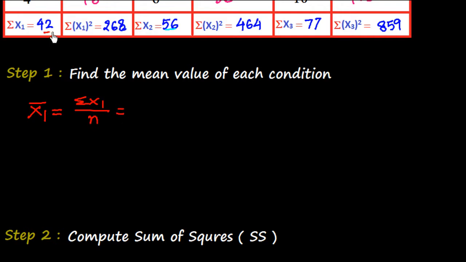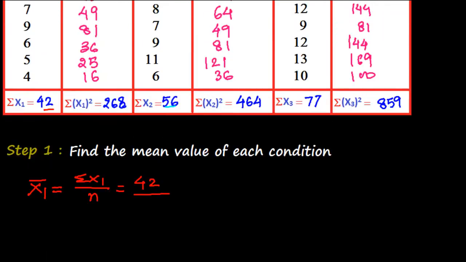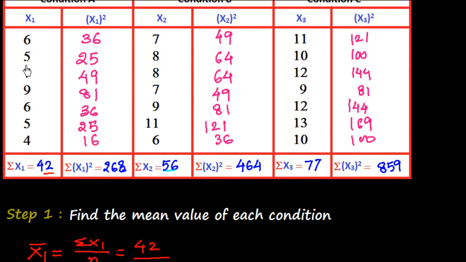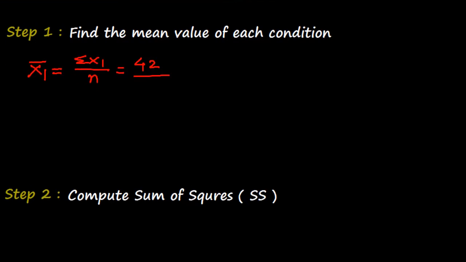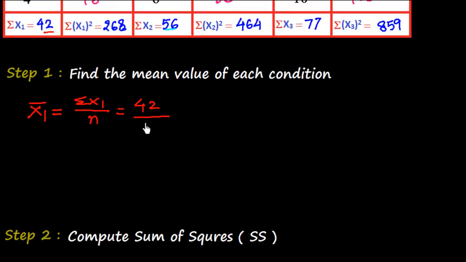The summation of x1, look here, is 42, and the total number of observations in each group is 7. Look here, 1 2 3 4 5 6 7. So we have 7 observations here, so we write down 7. 42 over 7, which is 6, since 7 times 6 is 42. Now x2 bar, which is the summation of x2 over n.